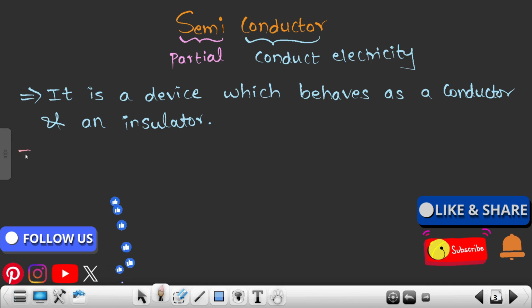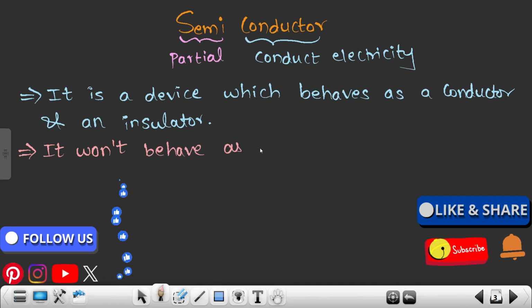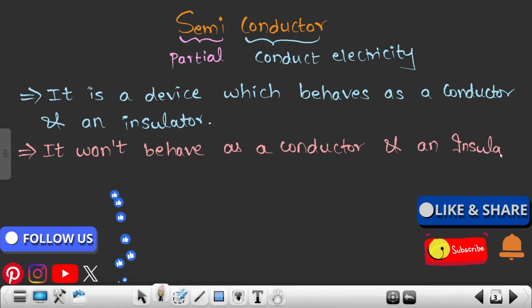Now let me add one more point from my side. Although we are going to discuss this point in the upcoming session, don't worry about that. The point is, it won't behave as a conductor and an insulator at the same time.